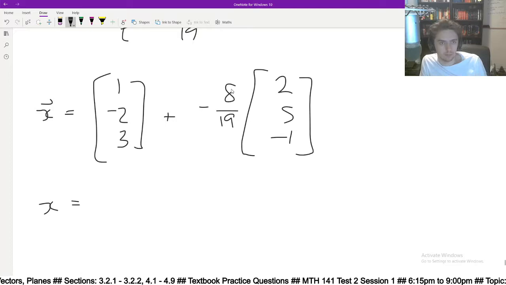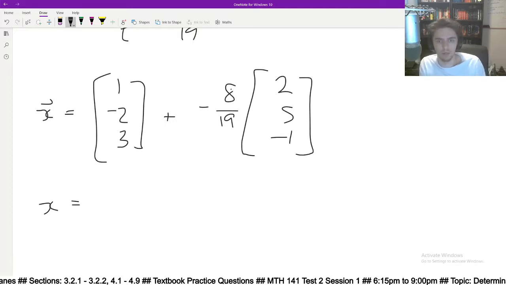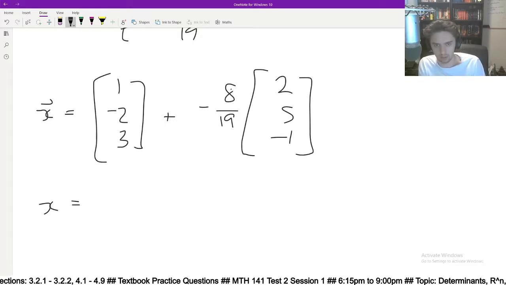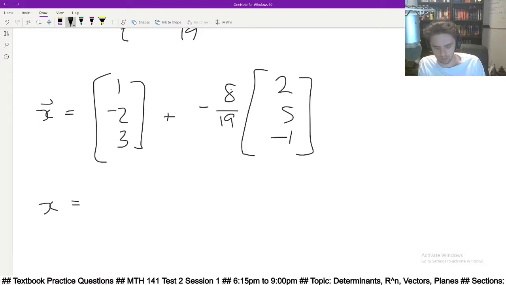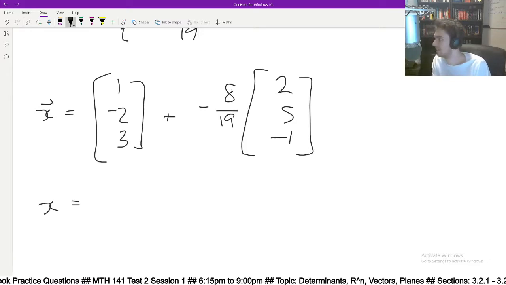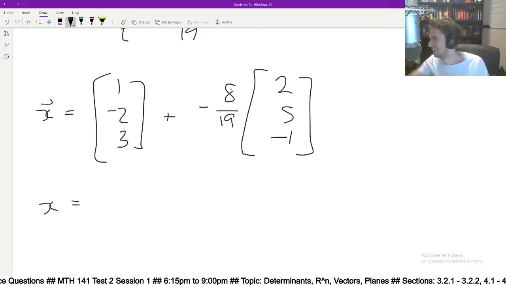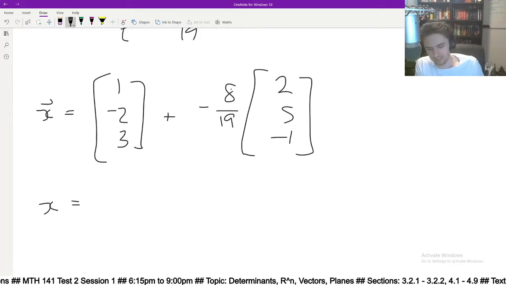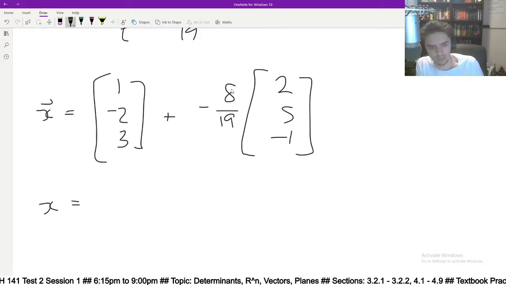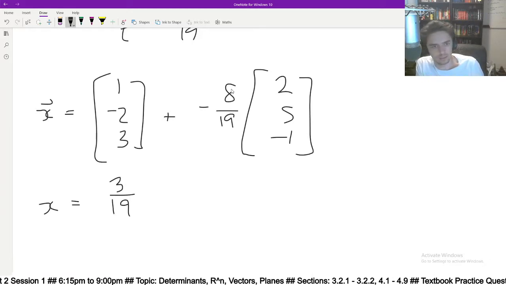So the x value of the point is 1 minus 16 over 19, which is 3 over 19.